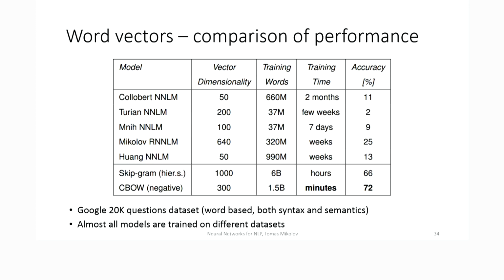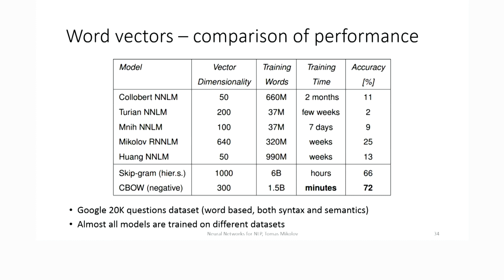And then there was Andriy Mnih, who used the log-bilinear language model. Also trained for quite a few days. And then I had the recurrent network language model vectors that were also public on my website, that were trained on hundreds of millions of words in weeks. And it was a way larger model than the others. So for example, in perplexity, the recurrent network would be beating all the other models by a lot.